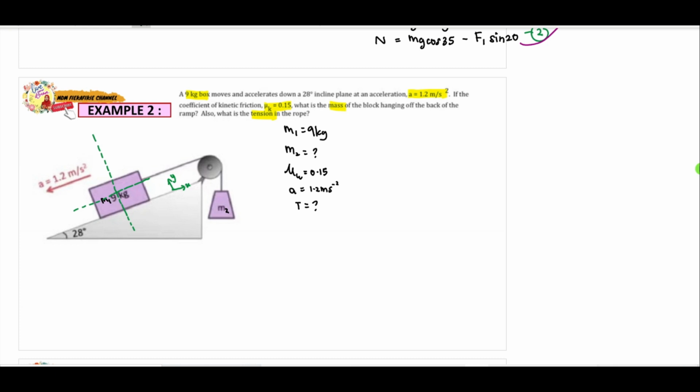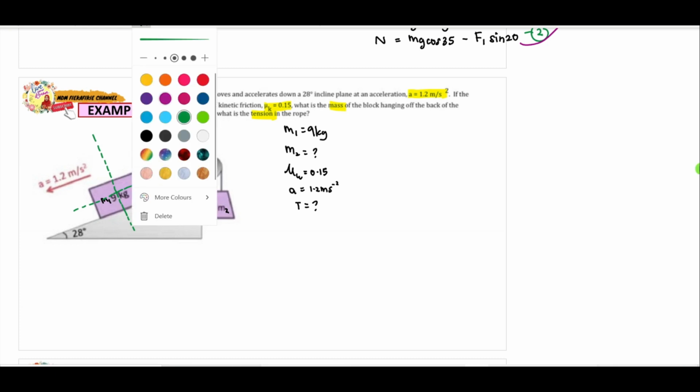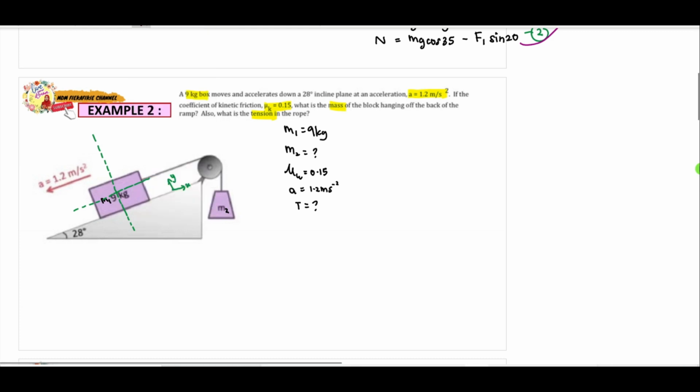So, sekarang dekat soalan kita tengok two objects attached by a rope. So, rope tu mesti ada tension T. Okay, so kita lukis dulu. Alright, so W, make sure W is straightly downward. W1, and this is the angle, 28 degree. So, ada contact antara objek 1 dan surface. So, ada normal force.